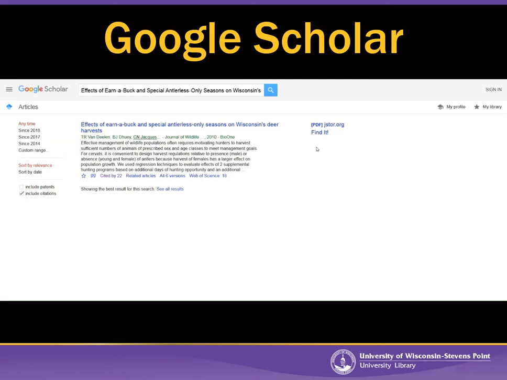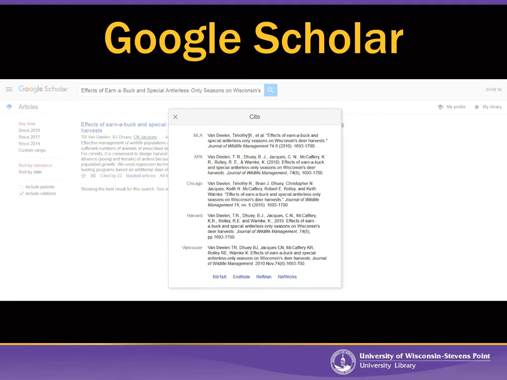Google Scholar will generate the citation for you. It's this quotation symbol right here, and if you click it, it actually generates a citation in different writing styles. So then you can copy and paste the citation into your bibliography. And for your homework assignment, I will ask you to paste a citation from Google Scholar.